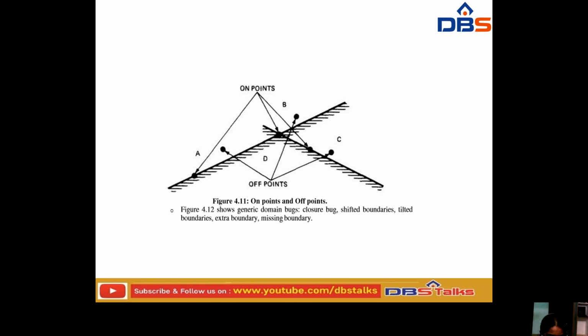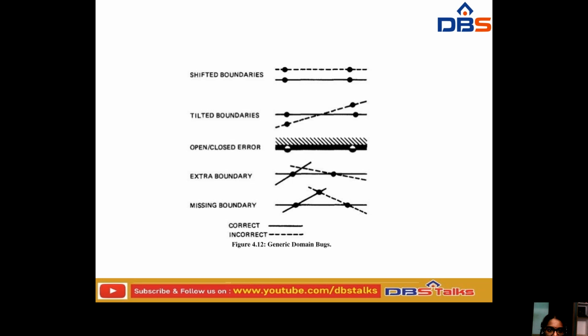So now let us see what is next. If you observe, this is a shifted boundary. If this boundary is shifted to this line, then we can say it is a shifted boundary.